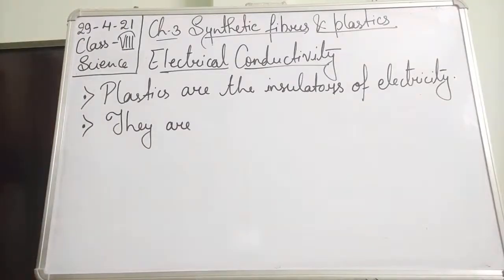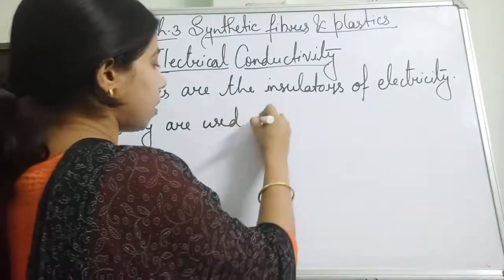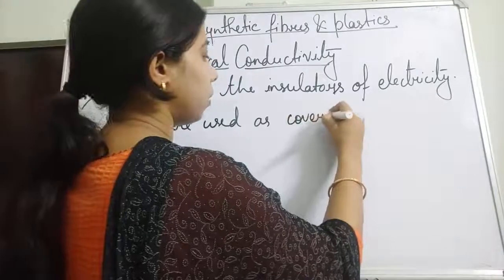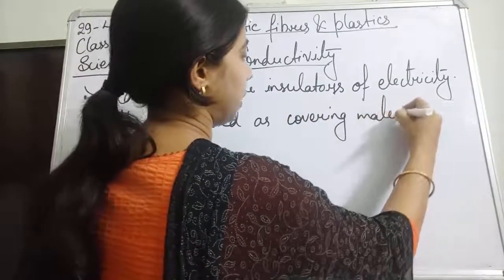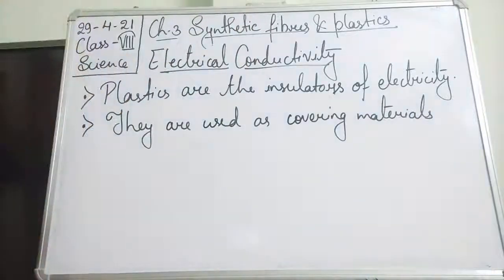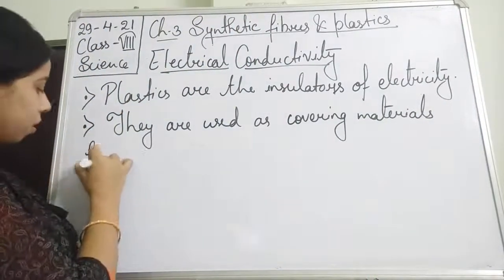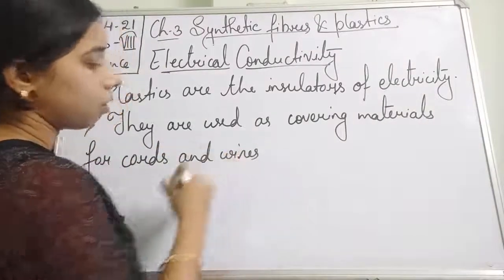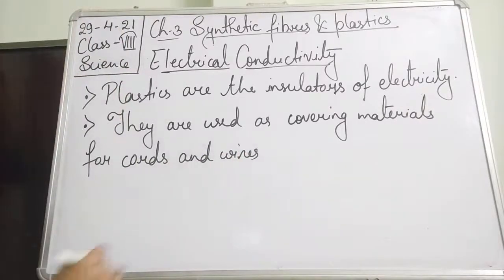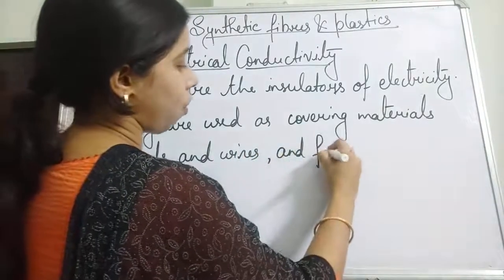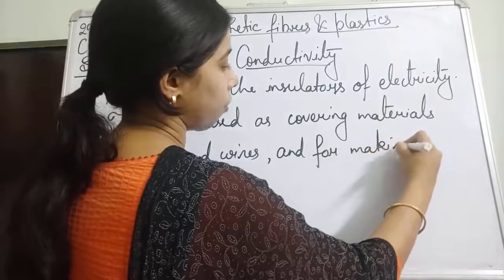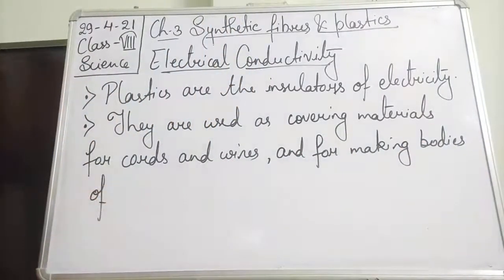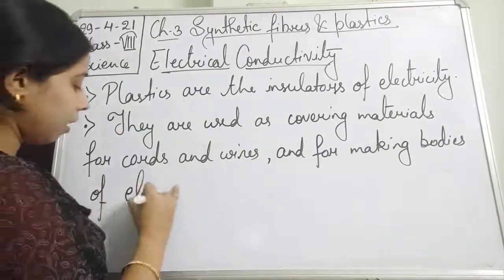So we can write that they are used as covering materials for cords and wires, and for making bodies of electrical appliances.